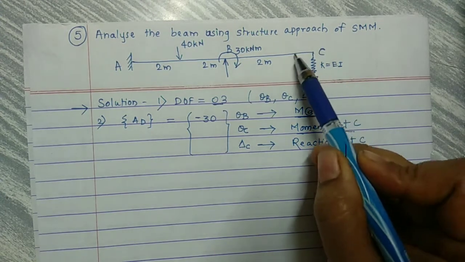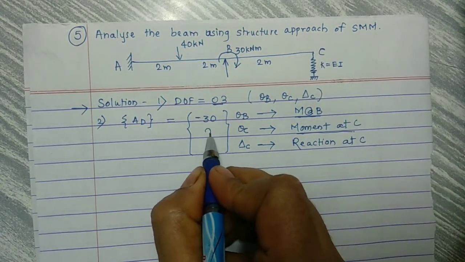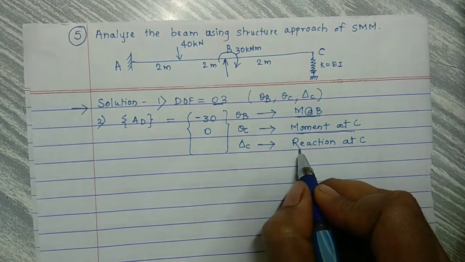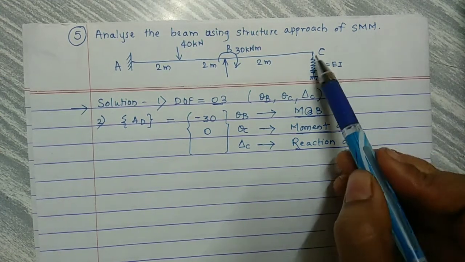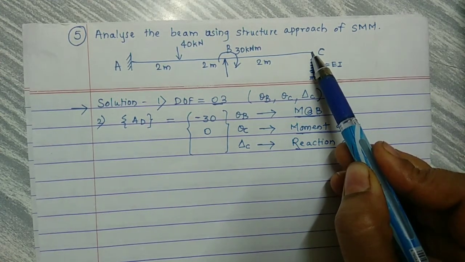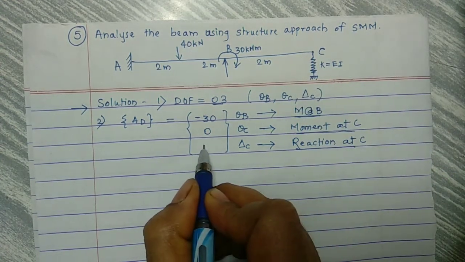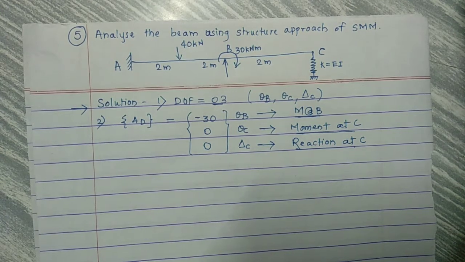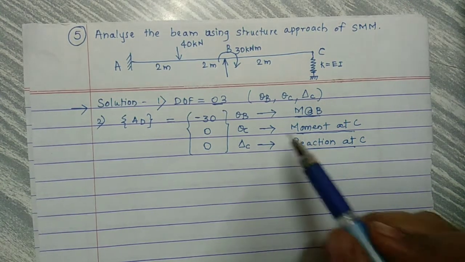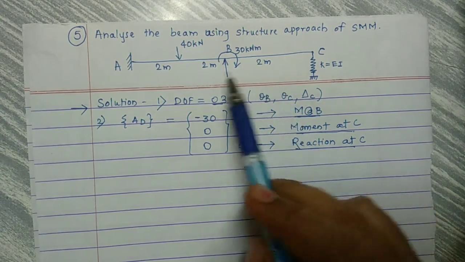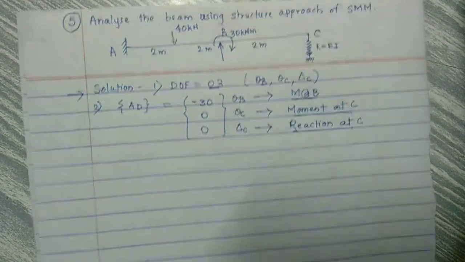There is no moment given at C, so write 0. And third, the reaction at C. Any external load at point C is not given, so again this element is 0. So this is the AD matrix, the action corresponding to the unknown displacement in the original structure.